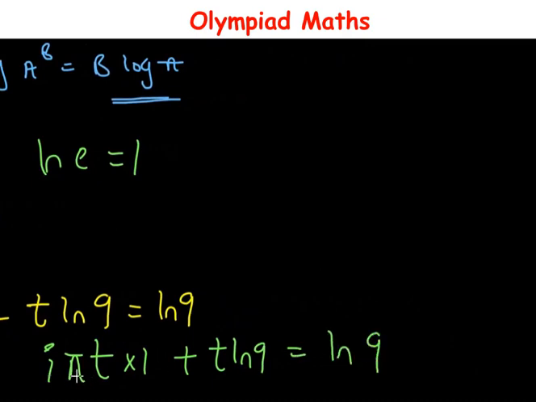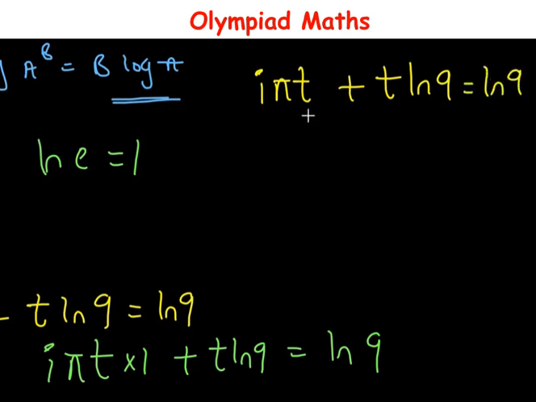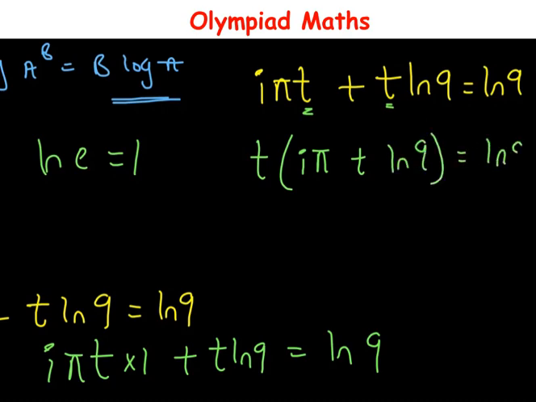Multiplying iπt by 1, the value is iπt, plus t ln 9 equals ln 9. From here, we have a common factor, which is t. So factorize out t into brackets. Here becomes t(iπ + ln 9) = ln 9.